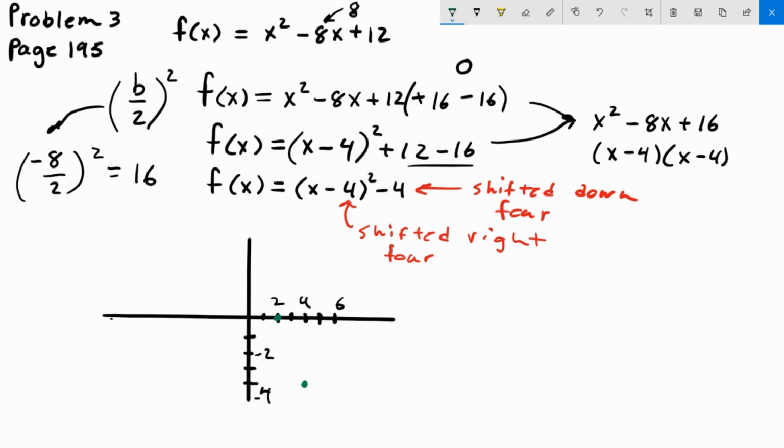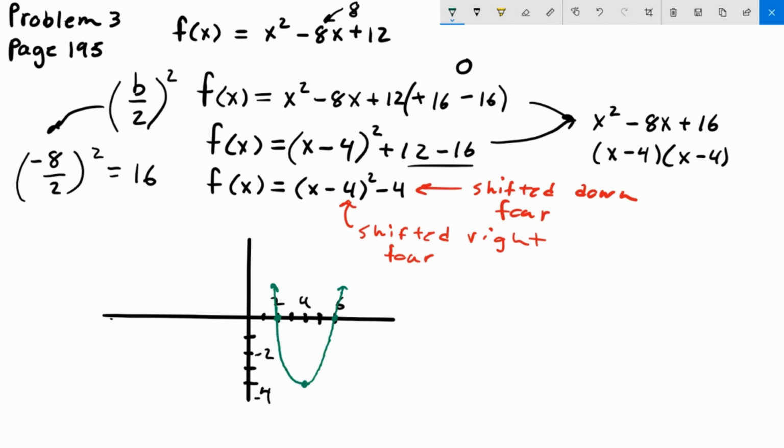And if I put a 6 in, I get 2 squared minus 4, which is also 0. So now we've got 3 points, and we already have the basic shape of the graph. You know it's a parabola, so it comes up like this and goes on, and this side does the same thing.